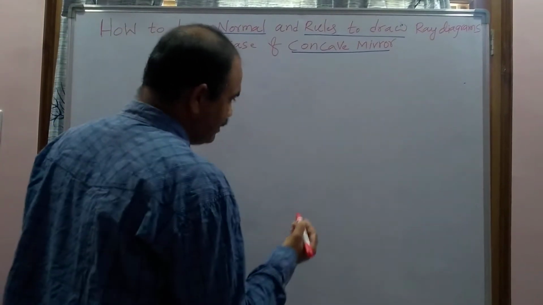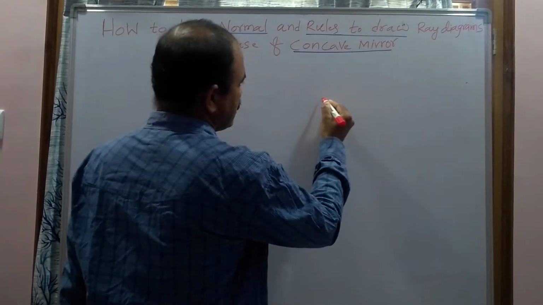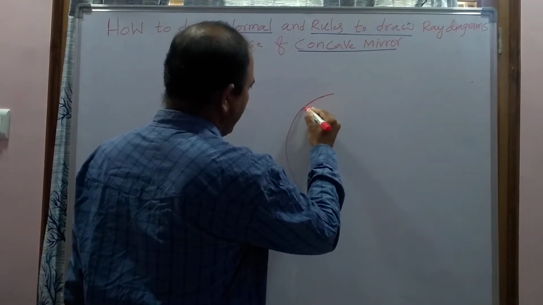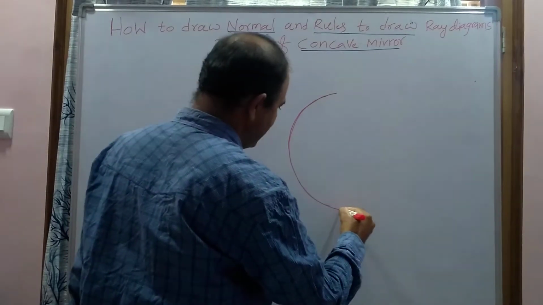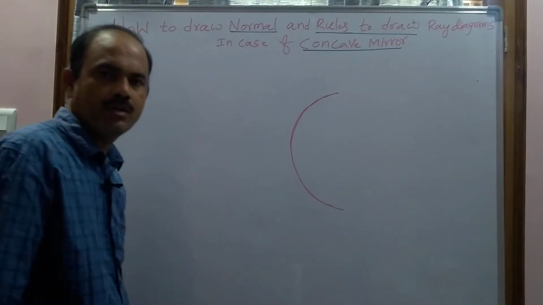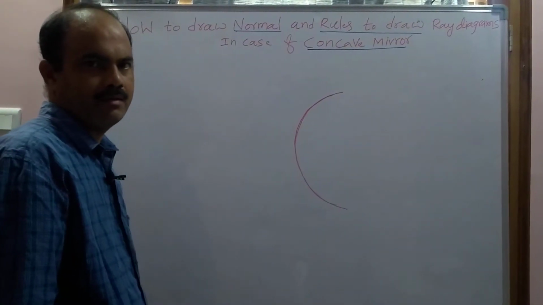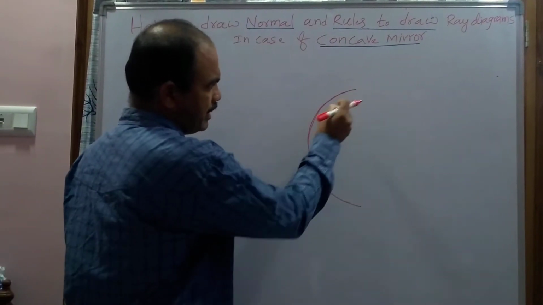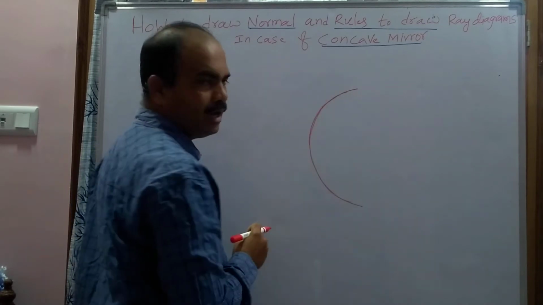Now consider this is a curved surface. How can I convert this curved surface into a convex mirror? This curved surface has two surfaces, one inner and the other outer.